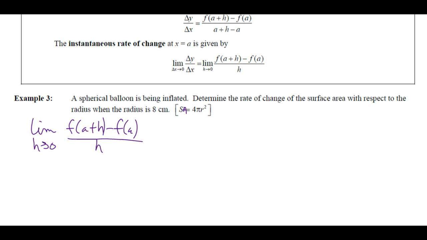That's just the general formula. I always like to write formulas down. Then we're going to substitute in. We have a particular function, we'll call it S, because SA doesn't fit. That leads to the limit as h approaches 0 of S of 8 plus h minus S of 8 over h.